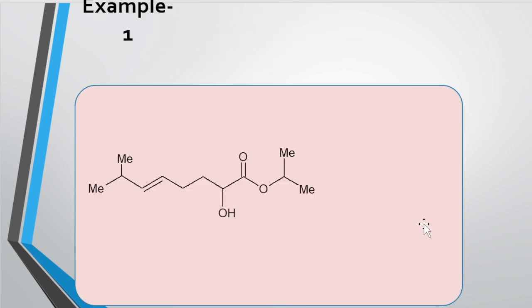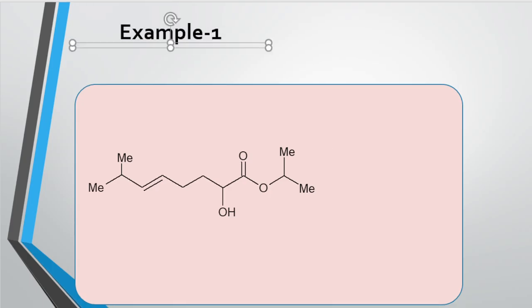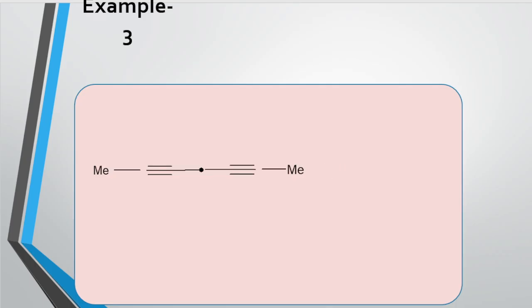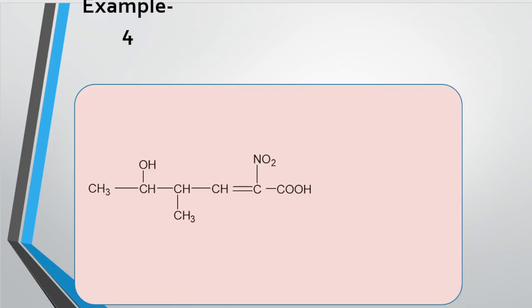See, for example, if we consider this one, let's try to give the numbers for this type of compound and try to comment below. Give your answer in the comment section. I will respond. For this also, for the cyanide group, what type of number can you write? Comment below. And here there are two double bonds. So what are the numbers for the carbons with the triple bond?